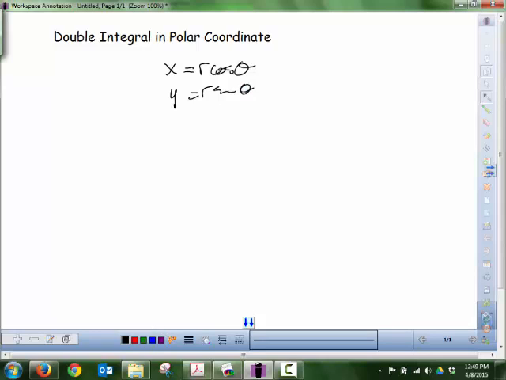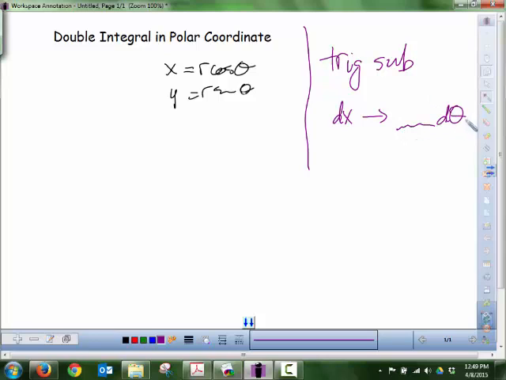And if you recall, in either of those substitutions, we went from a dx to something with a d theta, right? Or if we do a u substitution, we went from your dx to something with a du.